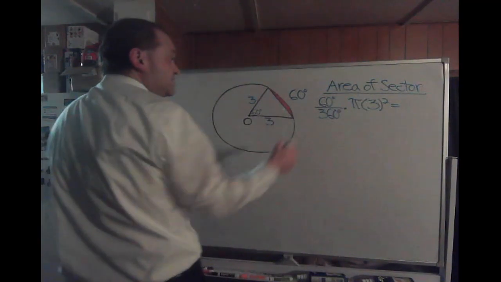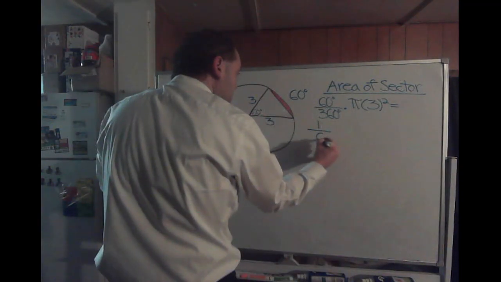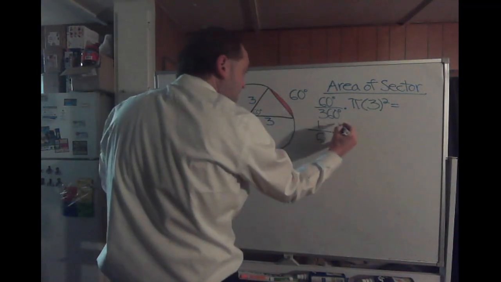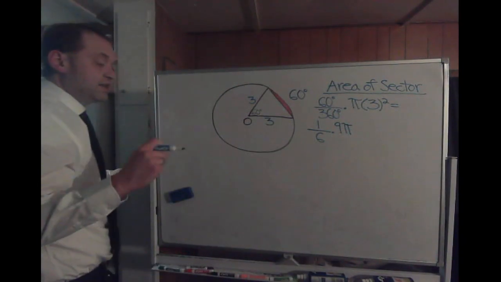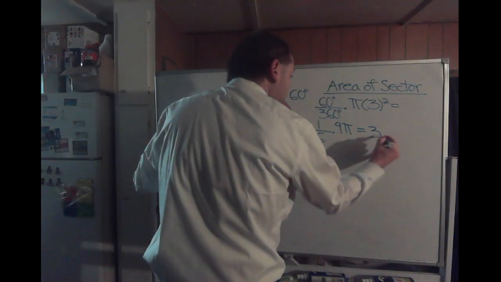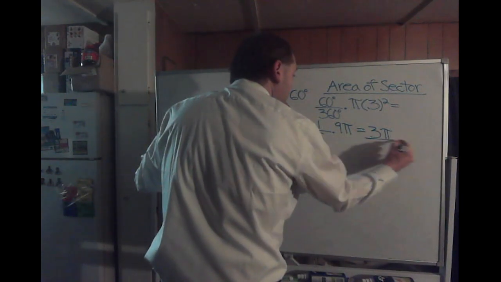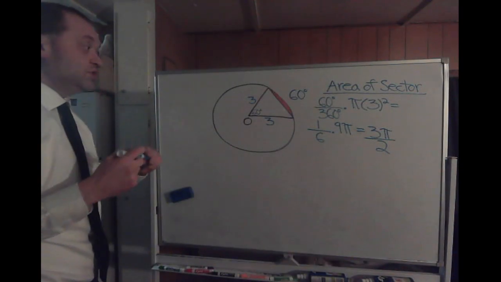What is 60 out of 360? That's 1/6 times 3 squared, that'd be 9 pi. So you have 1/6 times 9 pi for the area of the sector, which would end up giving you 3 pi over 2. So the area of the entire sector would be 3 pi over 2.